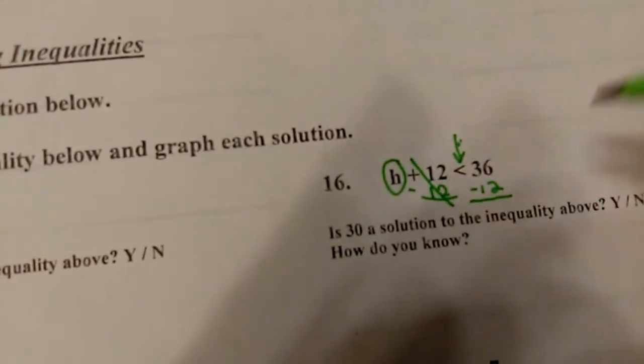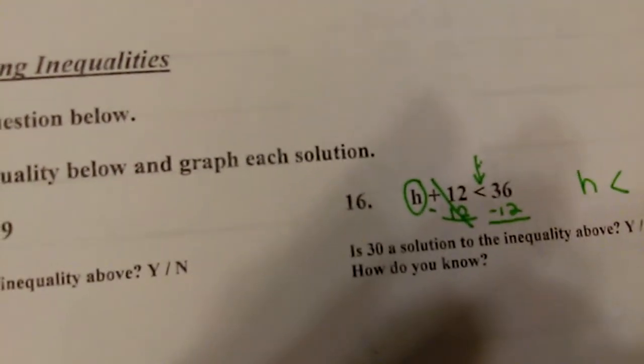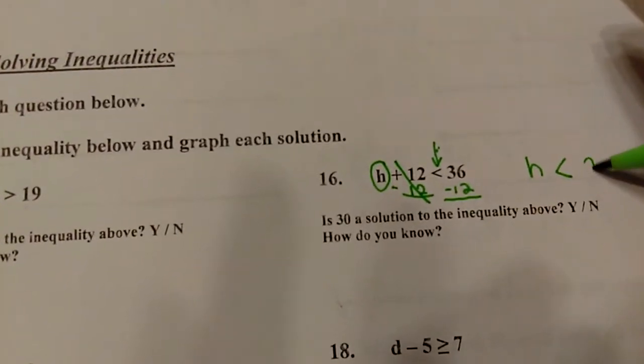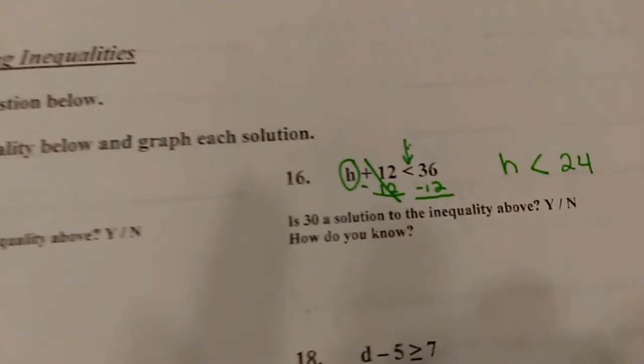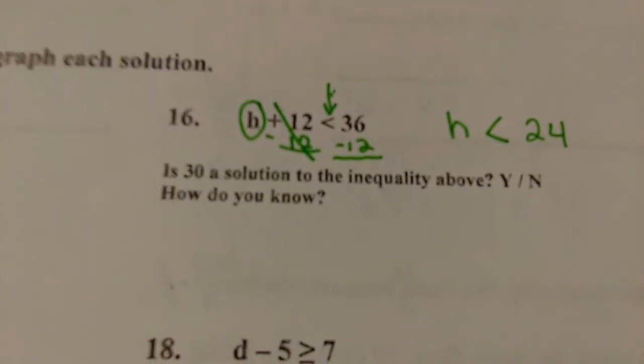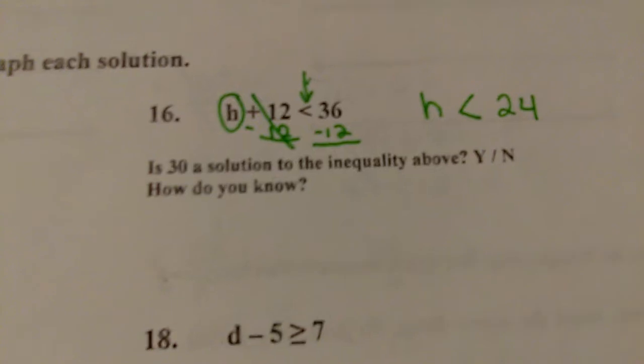So these 12s cancel out. And now we have h is less than, and we have to simplify. 36 minus 12, and we know that to be 24. All right. So we know our solution is h is less than 24.